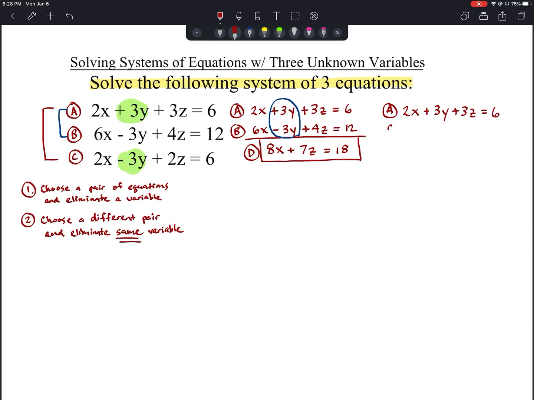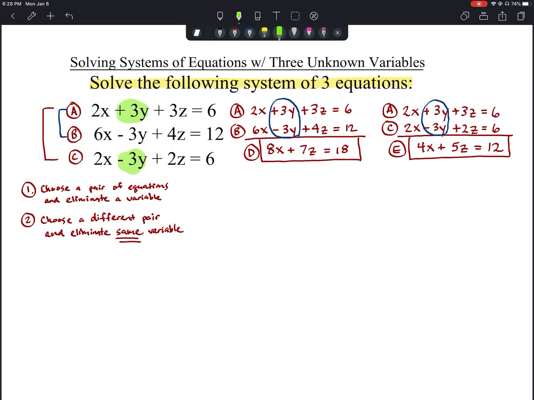And then we've got equation C, which was 2x minus 3y plus 2z is equal to 6 also. Go ahead and eliminate your y values, and you're left with 4x plus 5z is going to equal 12. We're going to box that one because it's important as well.